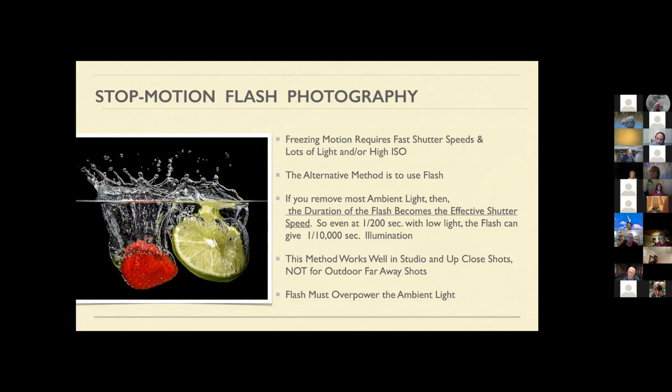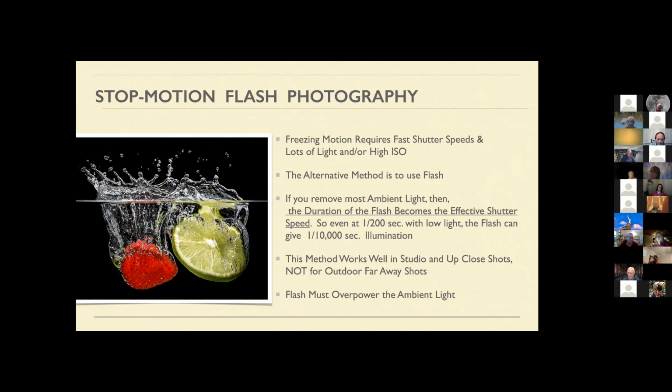So even though you're shooting at, say, 1/200th of a second in low light, if the flash illumination is 1/10,000th of a second, that actually becomes the shutter speed. It's really quite a clever technique.